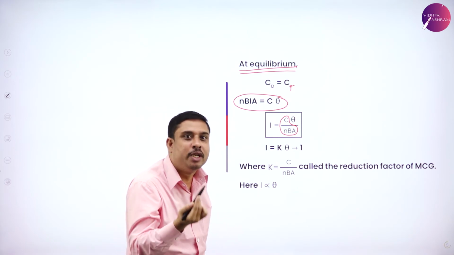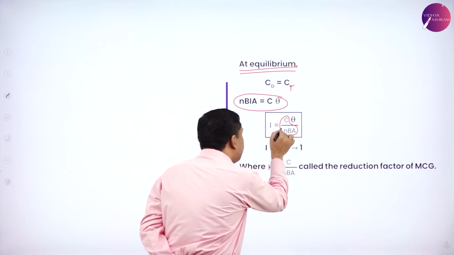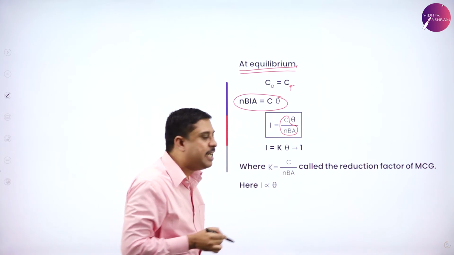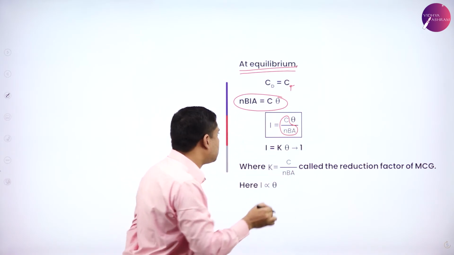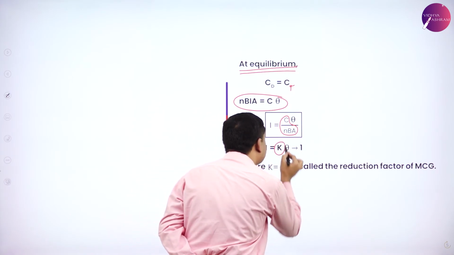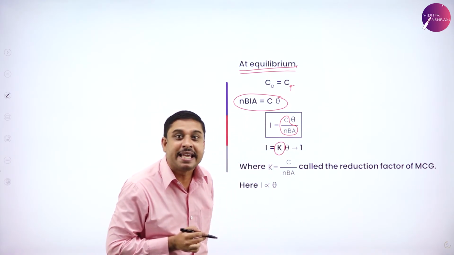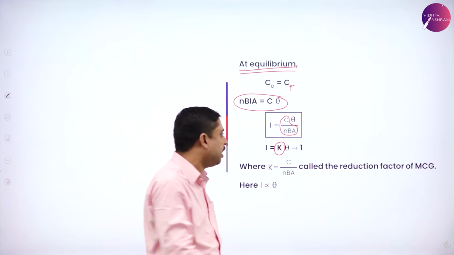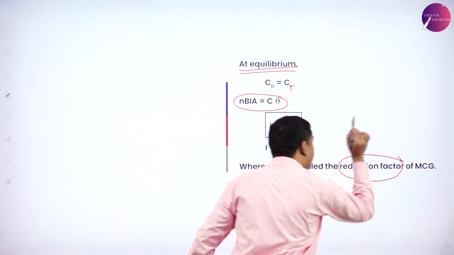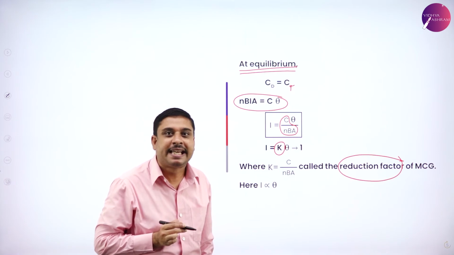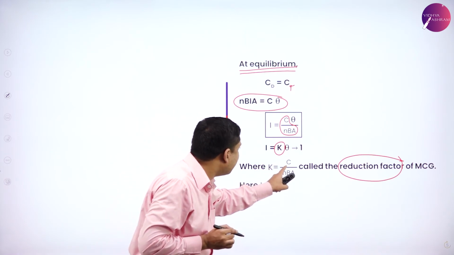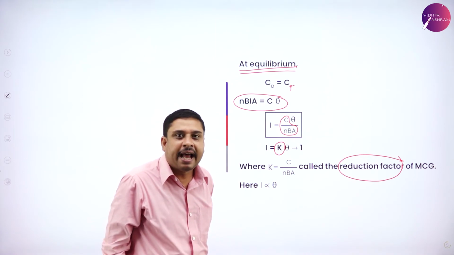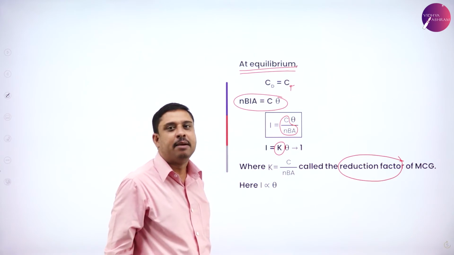C, couple per unit twist, is a constant. Number of turns in the coil is a constant. Magnetic field is constant. Area is constant. And that constant is replaced by K, which is called reduction factor of the MCG.